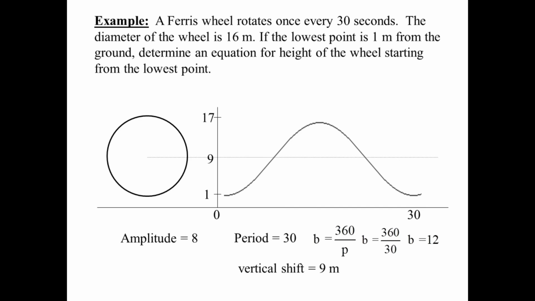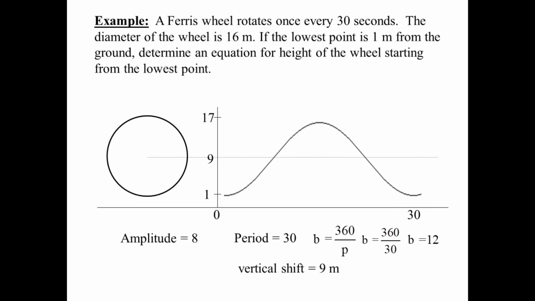Let's take a look. At this point, we've achieved amplitude and period, and all we have to do is take a look at the drawing and say what the shift is. It's been shifted up 9. The axis of the curve is elevated by 9. Or we might say the axis of the curve is 9 because 17 plus 1 divided by 2 is 9.